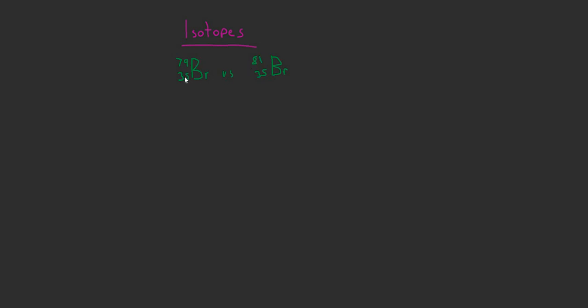Now notice how this bottom number is the same for both of these isotopes. That's because this number, 35, is the atomic number of bromine, which of course is its number of protons. The number of protons for an element will always be the same. No matter which isotope, it will always have the same number of protons.